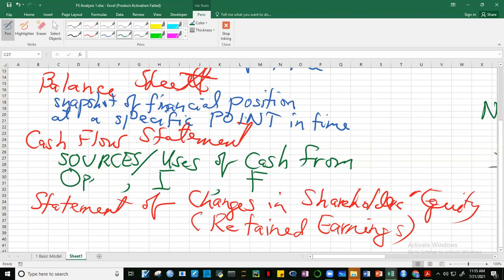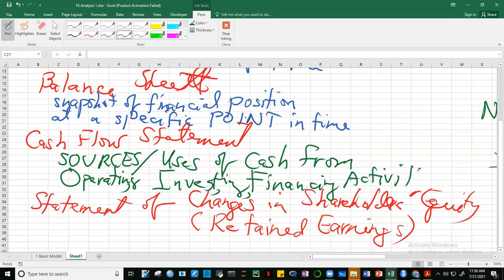So, sources, yung inflow, uses, outflow, operating, investing, and also financing activities. Okay, for a specific period of time. And then also, ganun din si statement of changes in shareholders' equity. This tells us the changes in shareholders' equity from the beginning of the period to the end of the period.